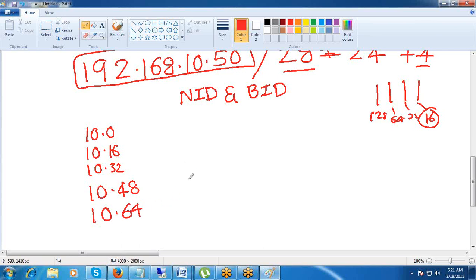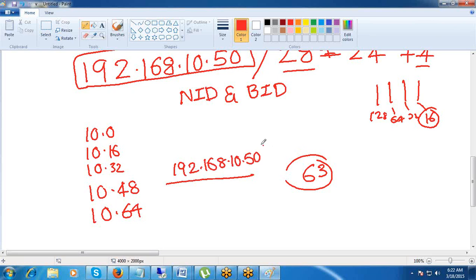So now this 50 is coming between here. So 192.168.10.50 is the IP address.